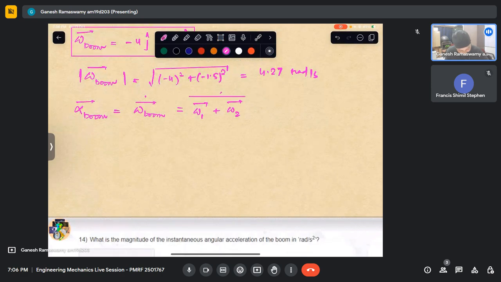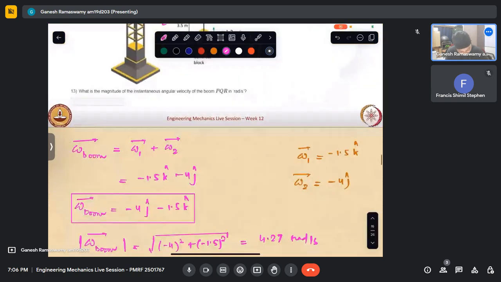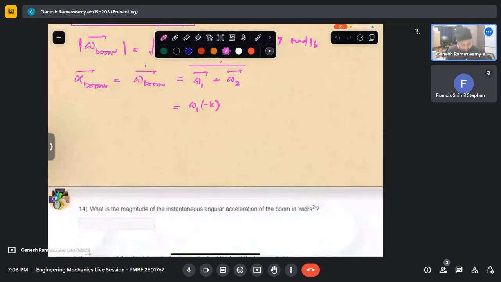So this will be omega 1. This is the vector. I'm just writing it with the minus sign attached to the unit vector rather than the magnitude so that it becomes clear.